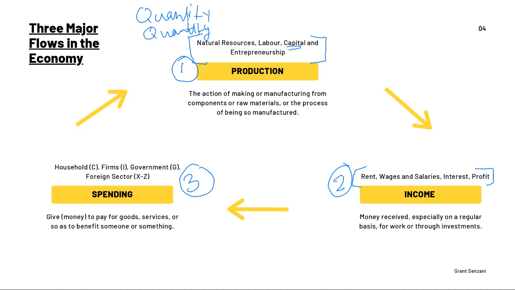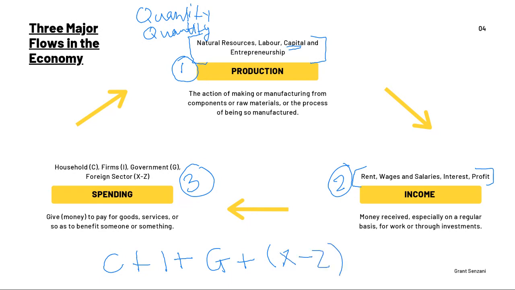Something very important for you guys to note, especially around the symbols: households in this case would be C, firms, e.g., investment spending, will be I, governments in this case would be G, and the foreign sector would then be X minus Z.